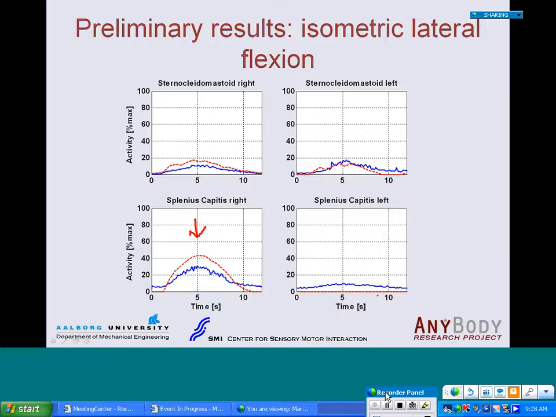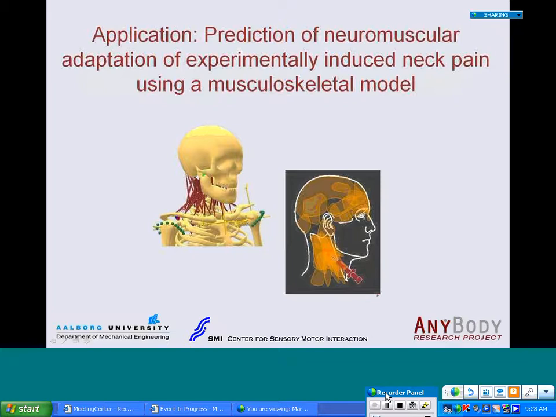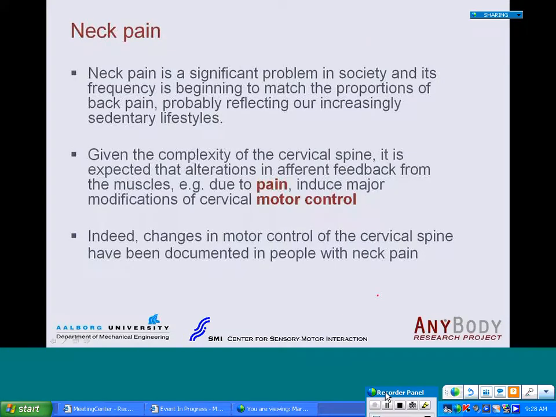So the next part of this presentation will be about an application of the neck model, where we try to predict the neuromuscular adaptation of experimentally induced neck pain using the model I just presented. So I will give you an introduction about the problem here. Again, I want to say that neck pain is indeed a significant problem in society.